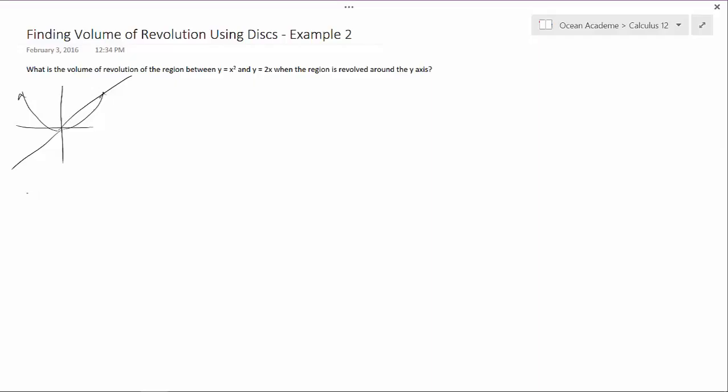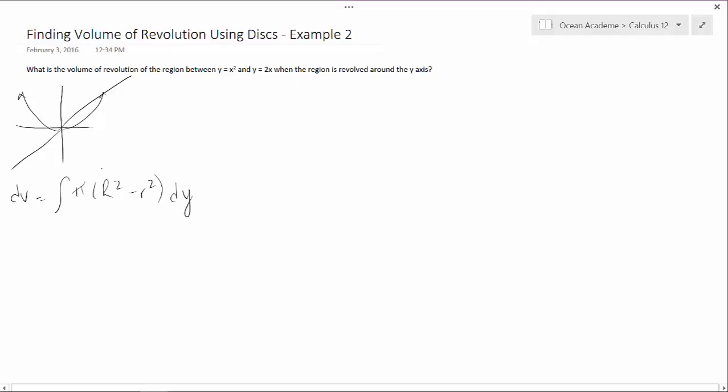Now, we know that our volume will equal pi times capital R squared minus lowercase r squared, and in this case dy, because it's revolved around the y-axis. Now the R squared minus r squared, that's the thickness.